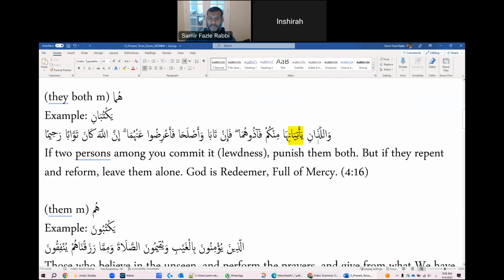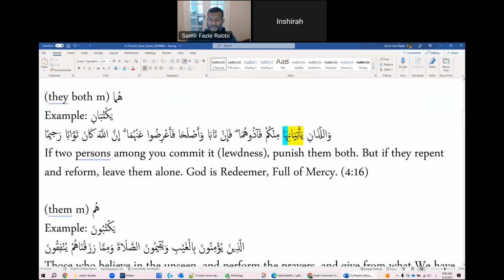And here, this is an object pronoun added to it. Let's do that in a different color. And then there's another one, yes, that one. The ha here is a reference to a previous verse, because we don't know what the ha is referring to at this point.